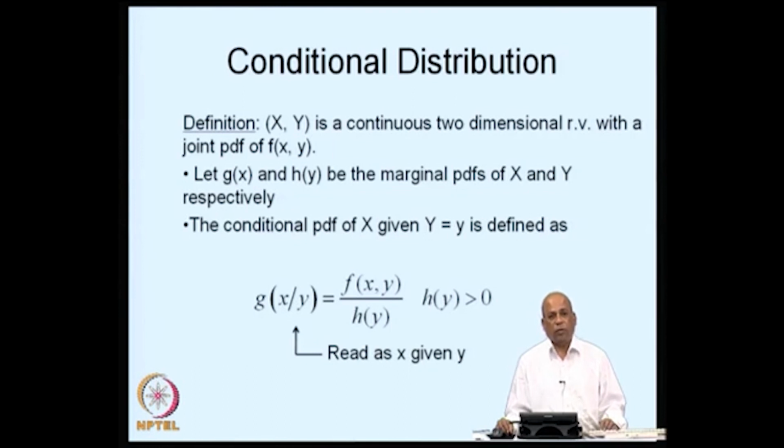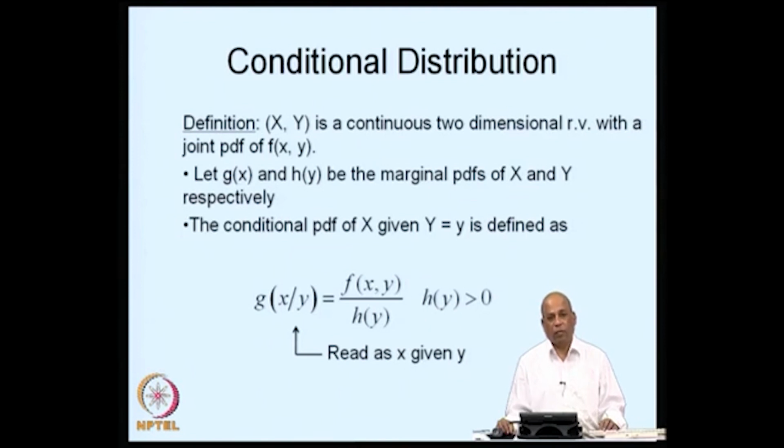So, in the case of continuous 2 dimensional random variables with a joint PDF of f of x comma y, we have the marginal densities, marginal PDFs g of x and h of y. Then the conditional PDF of x given y is equal to y is defined as g of x given y, that line there is read as x given y, is equal to f of x comma y, that is the joint density function, divided by the marginal density of y, h of y.